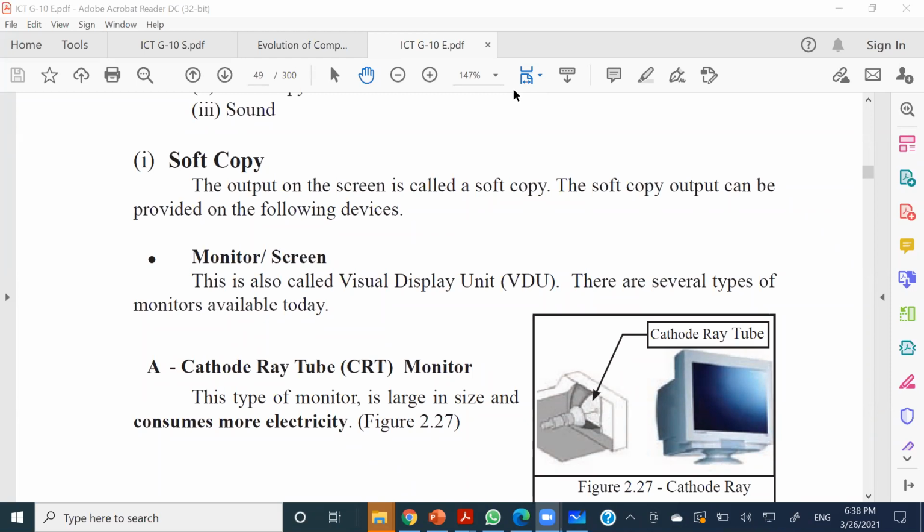There are different types of monitors, three major categories. In very old days, and even today, some institutes are using these monitors. The first kind is the cathode ray tube monitor, or the CRT monitor. I hope you have seen a CRT monitor.